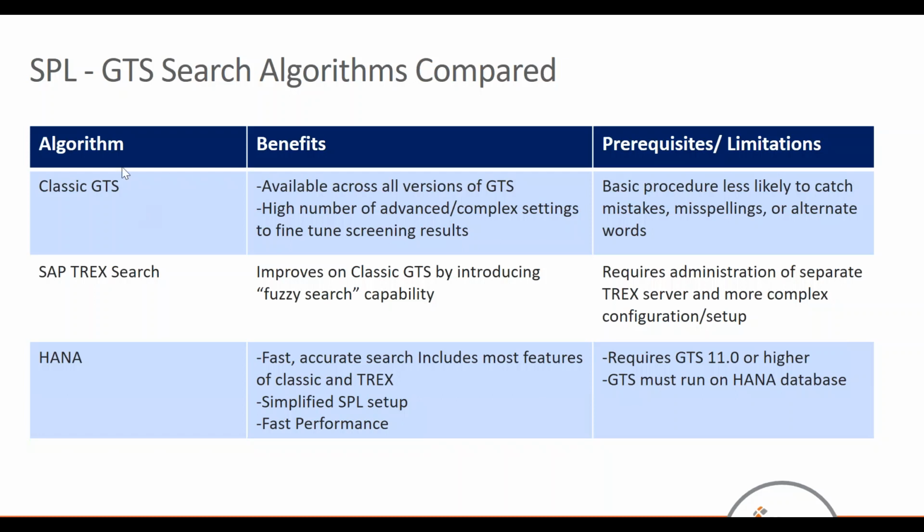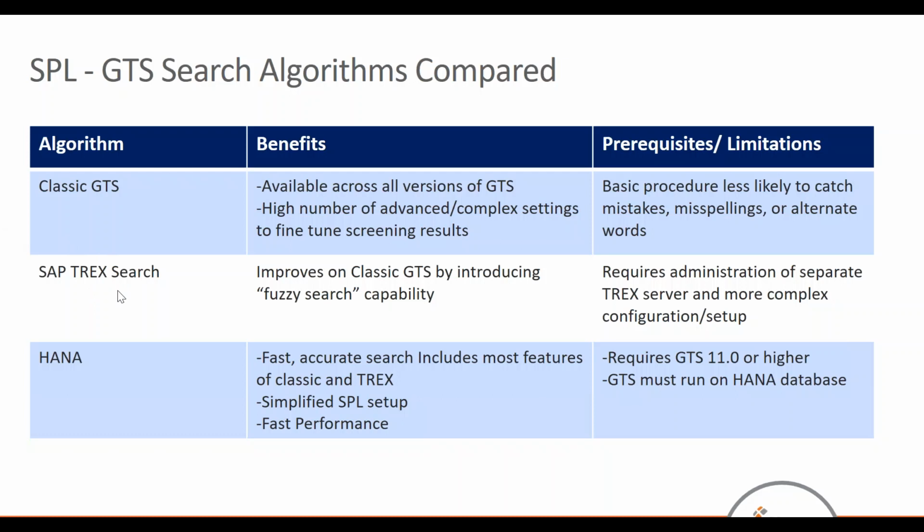In this classic search, you have different parameters that can be optimized to fine-tune the screening results. However, it is still basic and didn't have the fuzzy or extended search algorithm logics. Those were missing, and with SAP version 7.2, the TREX search was introduced.